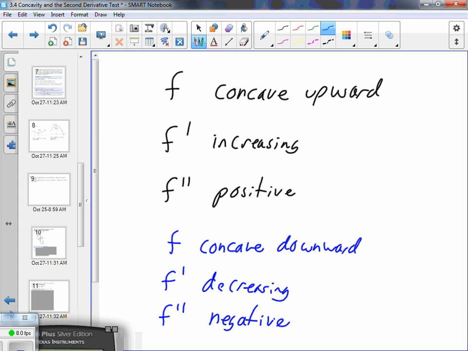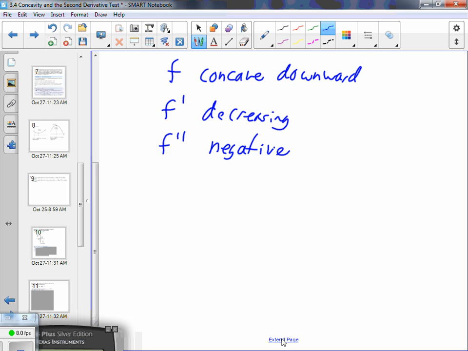If you have a critical number where the derivative equals 0, that means there's a horizontal tangent, correct? So if you have a critical number where the derivative equals 0, but the second derivative is positive, that leads us to a conclusion about a relative extreme.